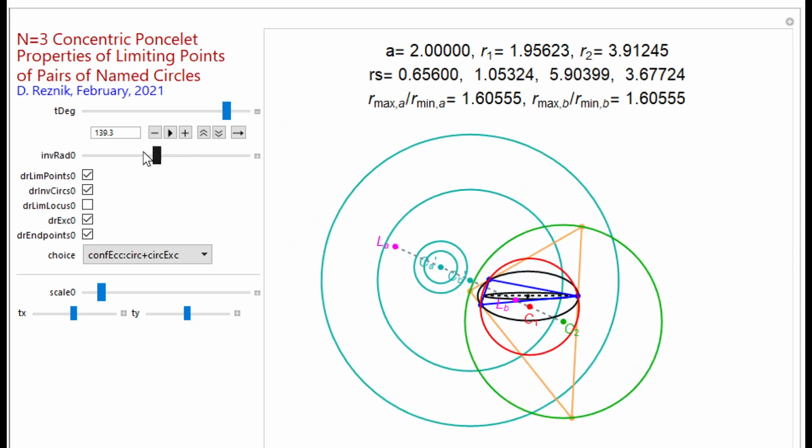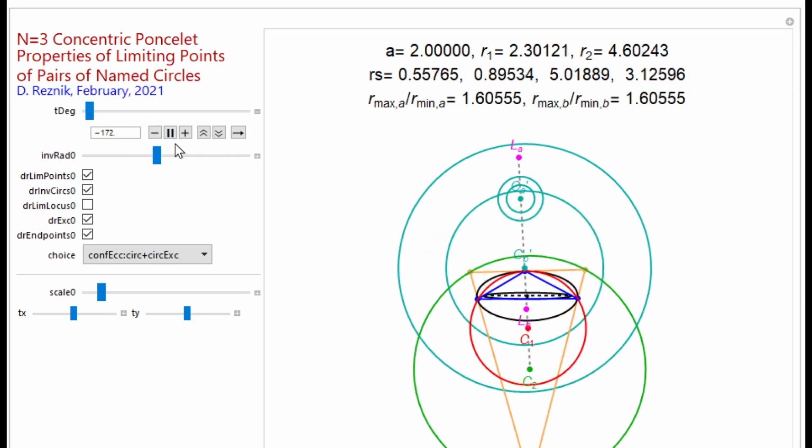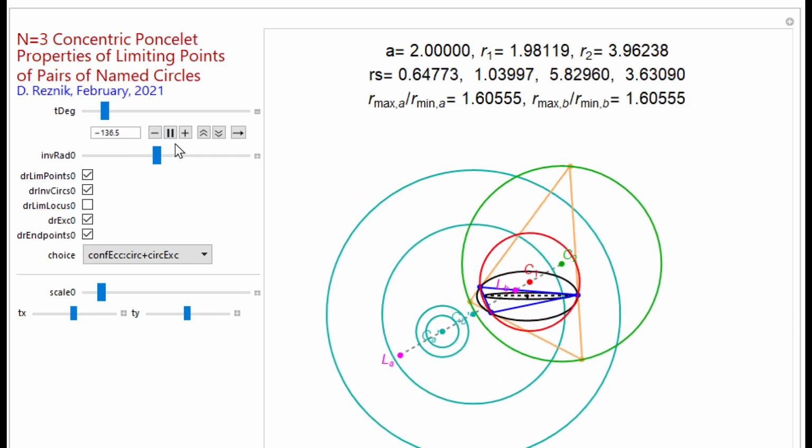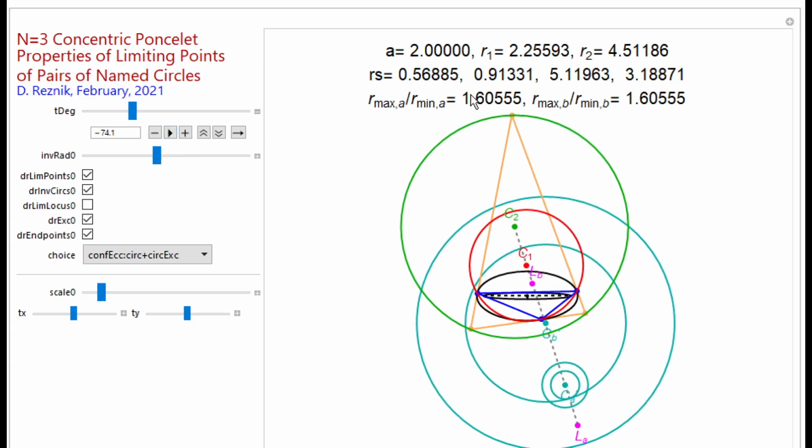Very good. But what this video is about is the invariants you get in the Poncelet family, the three periodics inscribed in the confocal pair, the elliptic billiard family, regarding its limiting points. First of all, if I traverse this family, you get an interesting first invariant: the ratio of radii of the two concentric pairs is invariant.